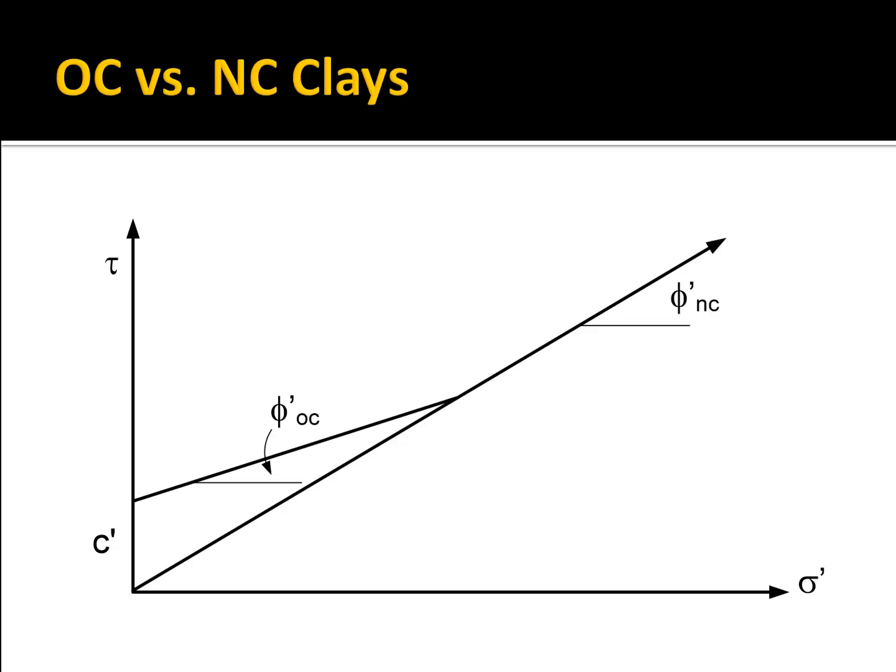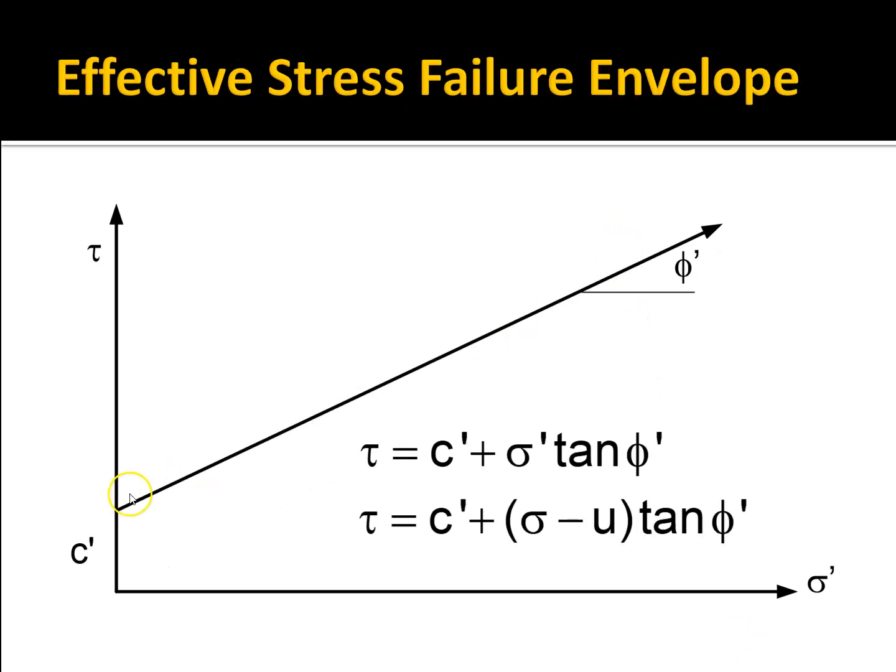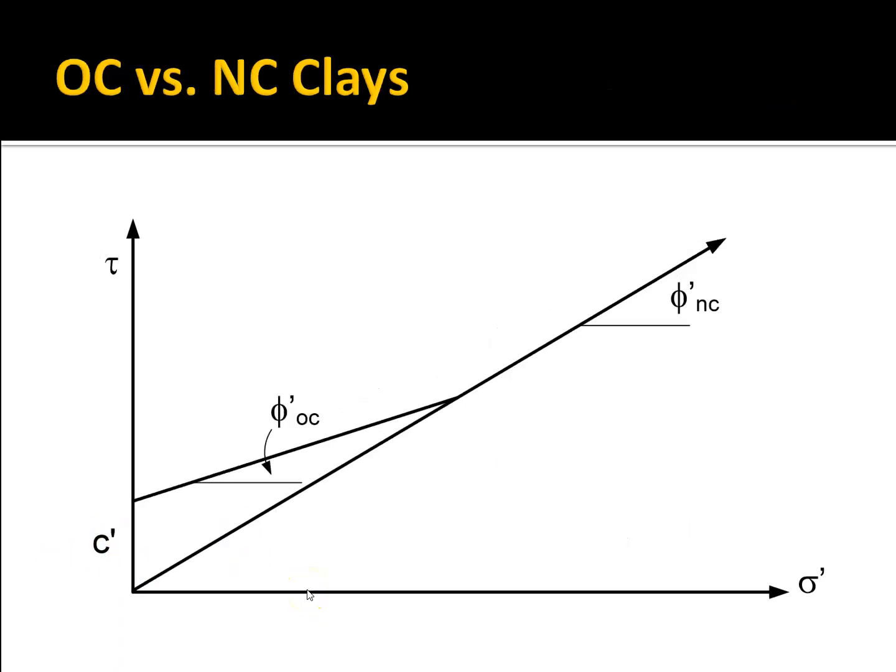Now, sometimes you will see, so this line here, sometimes it goes right through the axis and there is no cohesion intercept, and that occurs when you have normally consolidated clays. And normally consolidated clay means the stress that the clay is currently experiencing is the highest it's ever experienced.